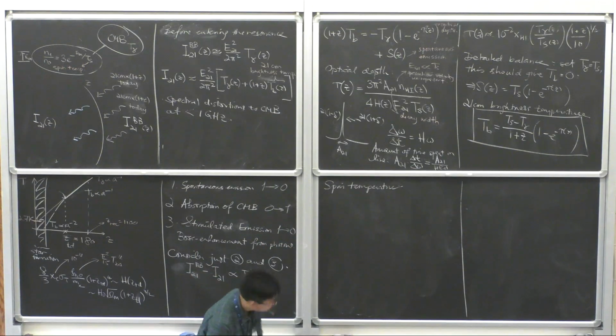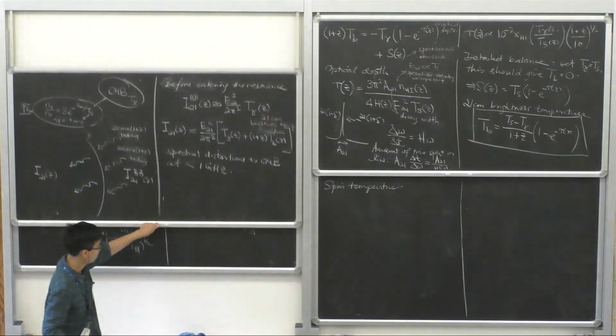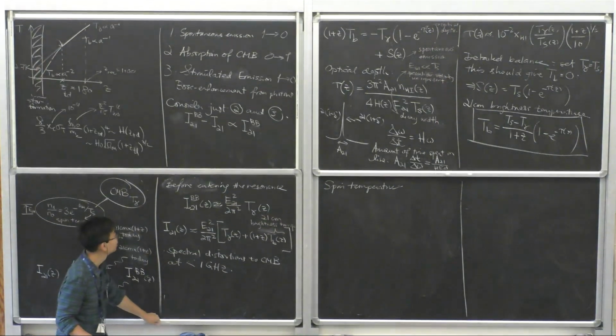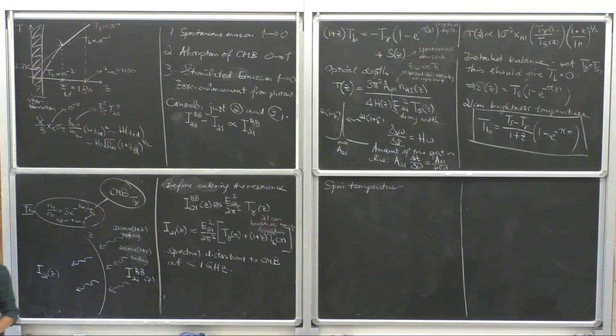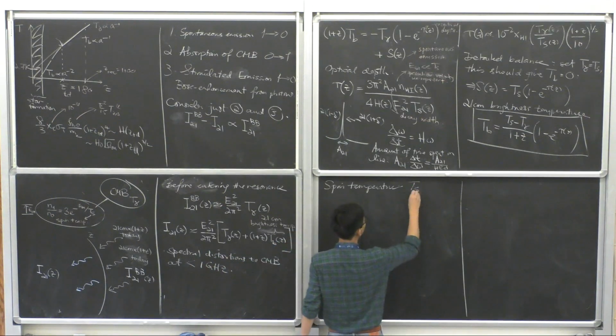And like I said, the right way to think about the 21 cm system is as something that's coupled to a bunch of reservoirs. One reservoir I've already seen is the CMB, which is at T gamma. And there are two others. So what sets TS?